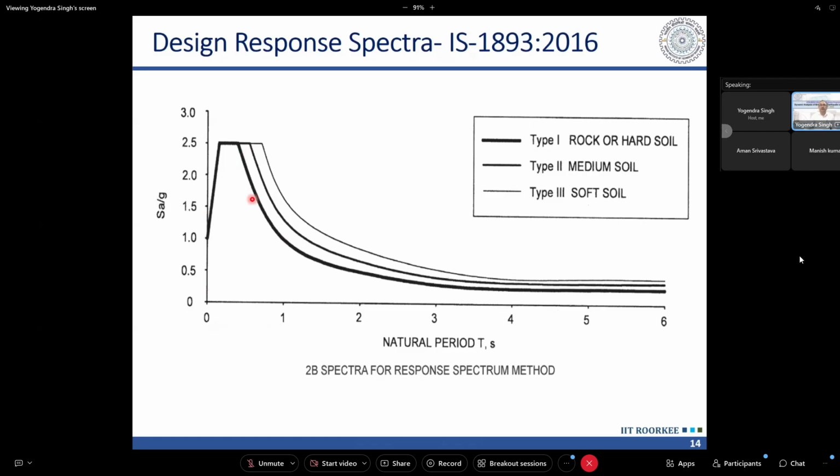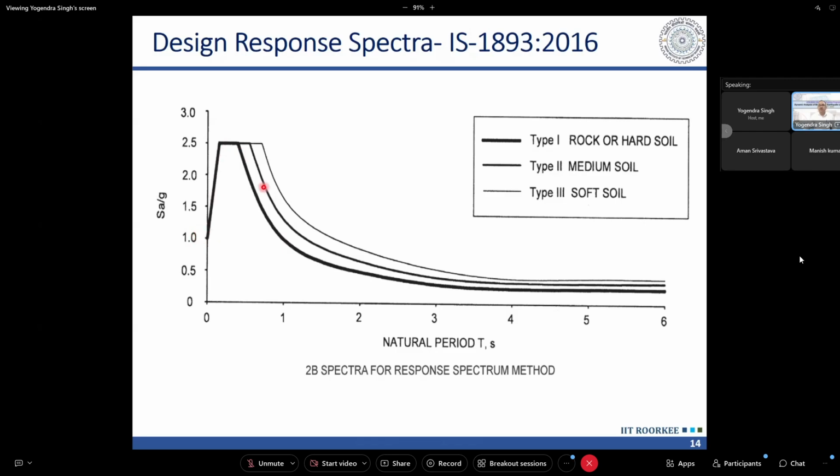Keeping that in mind, our code, or for that matter all the codes of the world, provide a smoothened response spectrum. I told you that for one earthquake, this response spectrum is quite zigzag. It is jagged. But if you consider a large number of earthquakes and normalize those with the corresponding EPGA or PGA, or ZPA, which was the value at 0 period, this value will become 1.